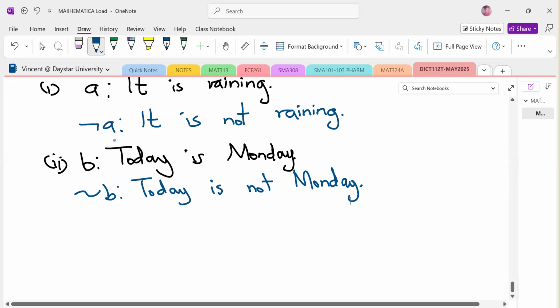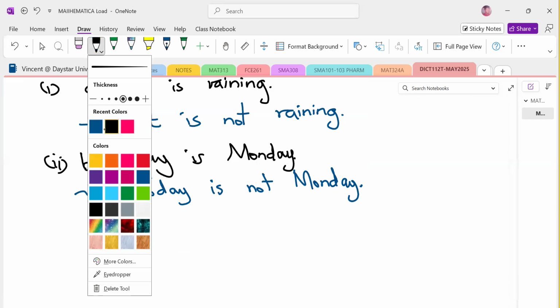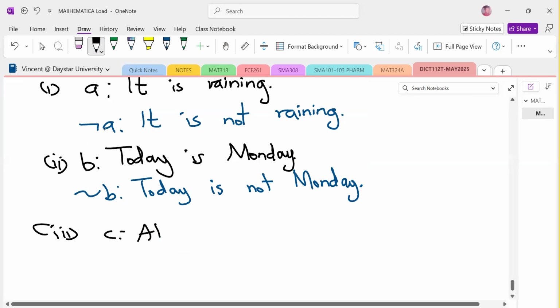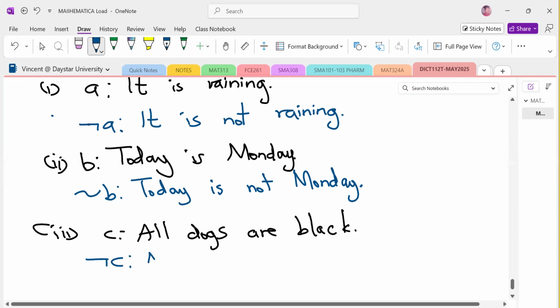Then number 3, if I have the statement, all dogs are black, then the negation will be, correct. All dogs are not black.